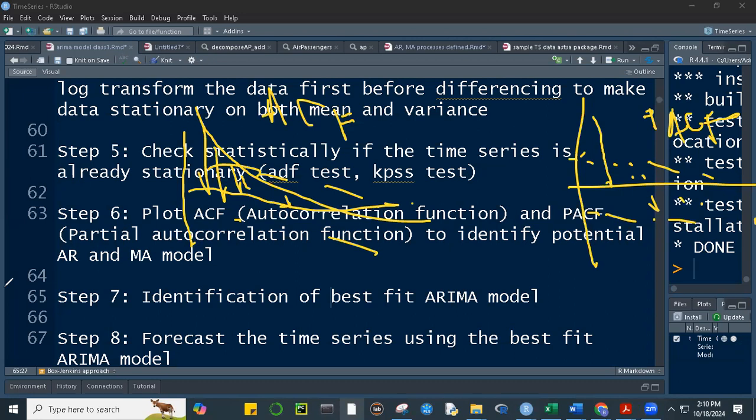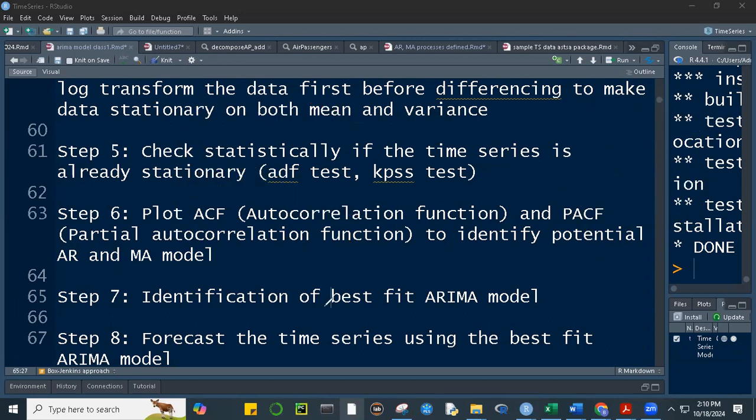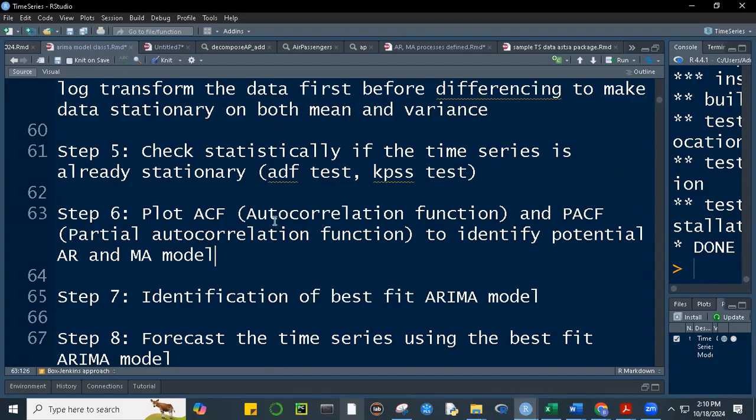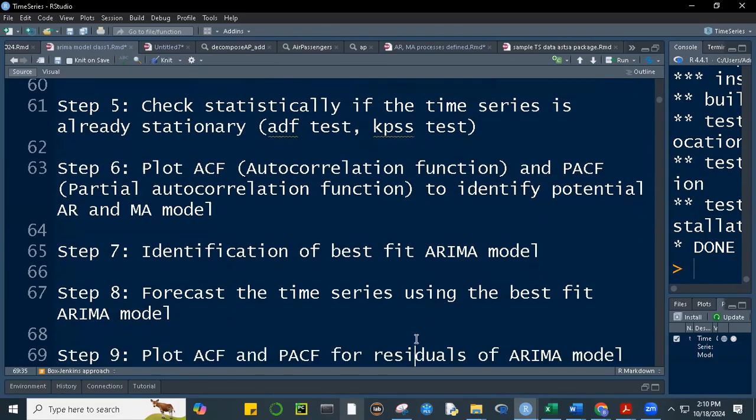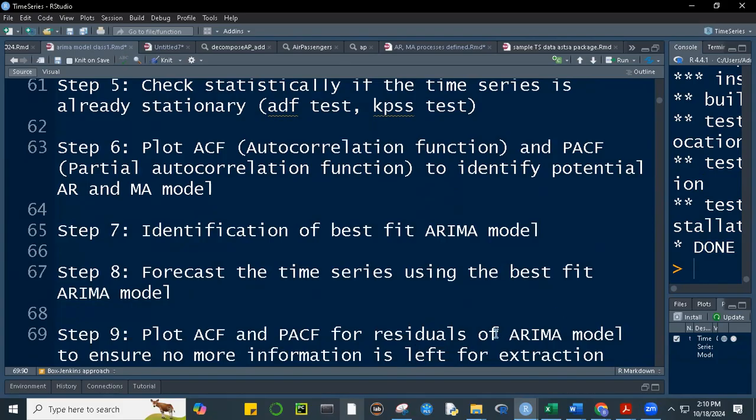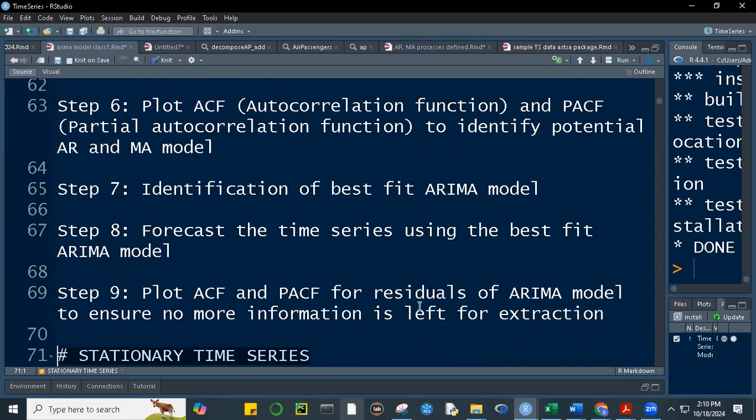I just want to get to this example so that we can start an example of an AR process. Then we identify the best model, class. After we identify the best model, we can forecast. And then once we forecast, class, we have to check. Or in fact, this should be step 9.